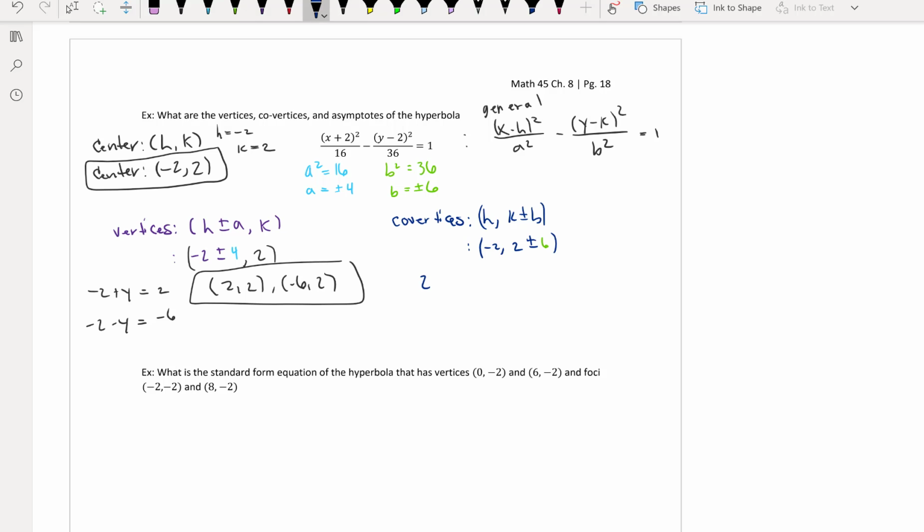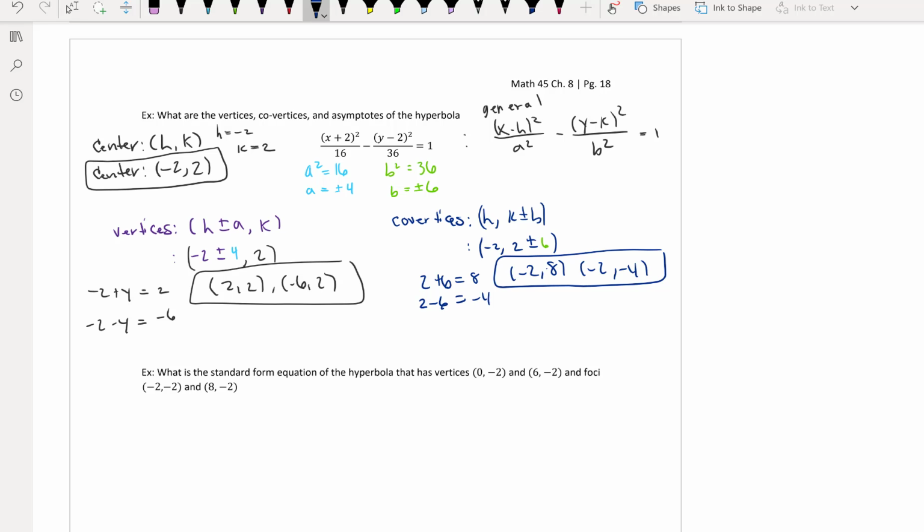So I have 2 plus 6, and I have 2 minus 6. So 2 plus 6 gives me 8, and 2 minus 6 gives me a -4. So I have -2, +8, and -2, -4, which are going to be my co-vertices.